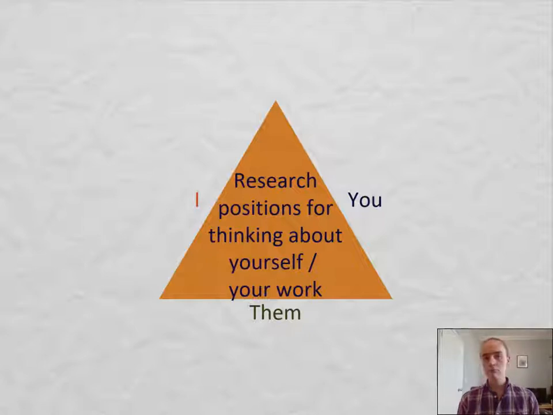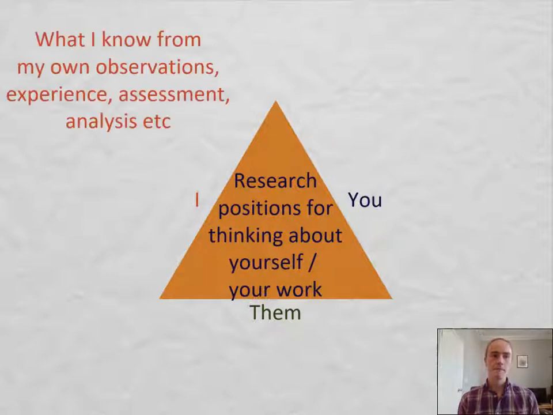The I, quite obviously, is us as researchers: what we know from our own observations, the experiences that we have in our practice, self-assessment, analyses. Although within action research we are the lab rats, we're also in the lab coat, thinking: what do I know about myself? What's my perspective on this?